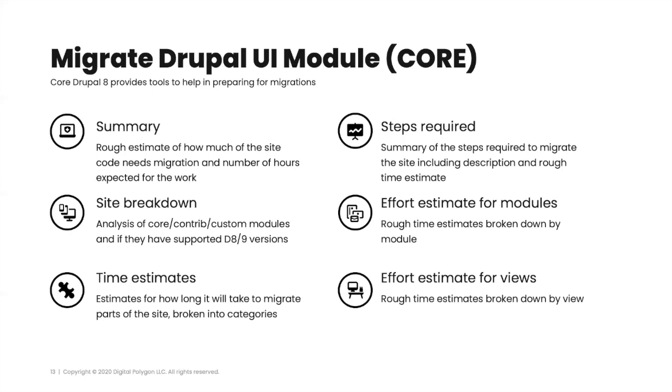It'll give you a breakdown of how long it'll take to migrate some of these things, broken into categories, the steps required to do your upgrade. It'll give you effort estimates for modules, really, really rough timelines, but it gives you some sort of idea to see how complex this is going to be. And then again, for Views as well, depending on how complex it is.